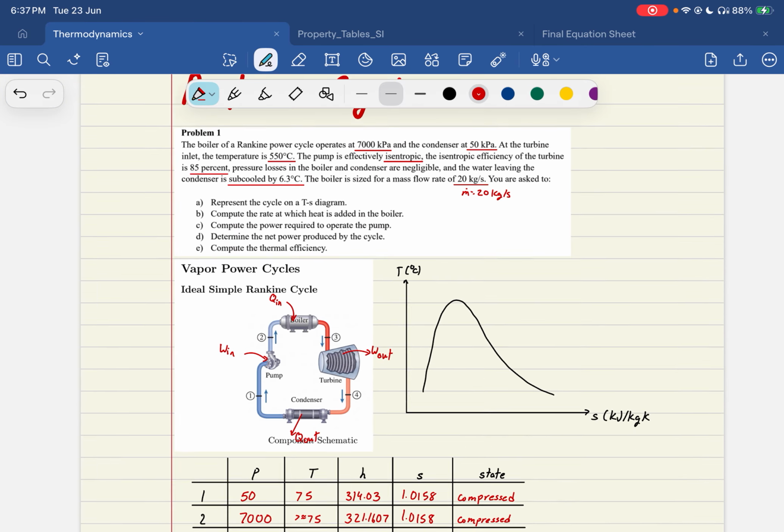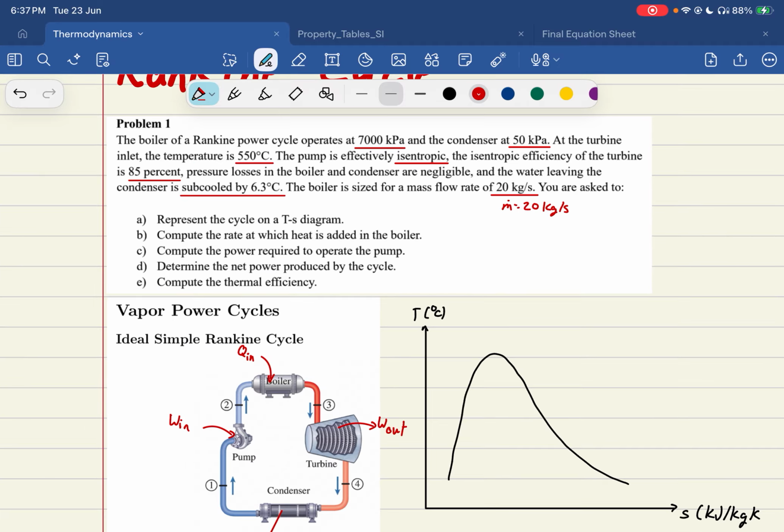And okay, so compute the rate at which the heat is added to the boiler.